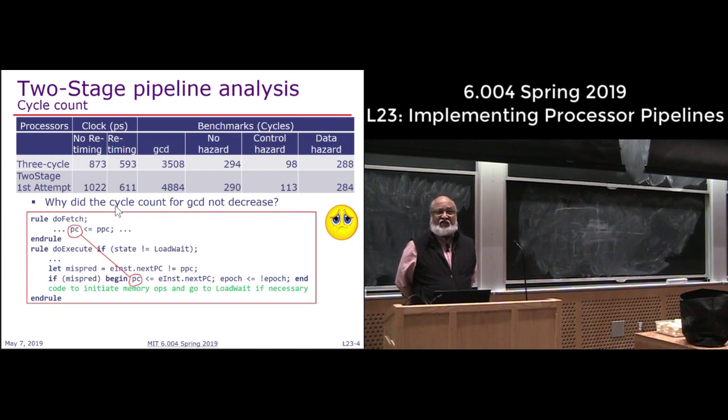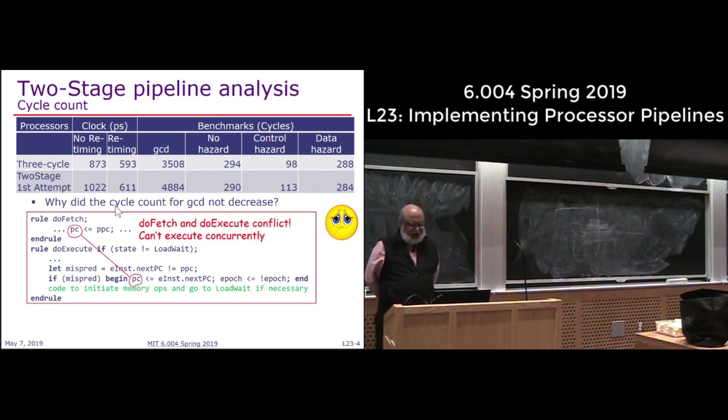We call it a conflict. These rules conflict with each other, and you will not be able to execute them. They can't fire at the same time. This is a problem. And if they can't fire at the same time, you don't have pipelining. Not surprisingly, the number of cycles needed to execute this program went up as opposed to going down. Okay, so do fetch and do execute conflict, and can't execute concurrently.